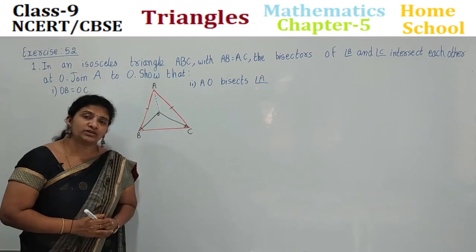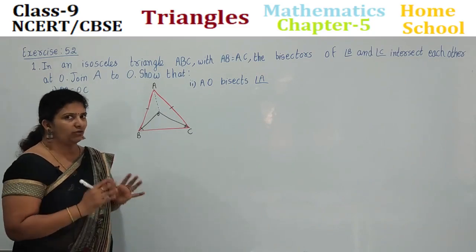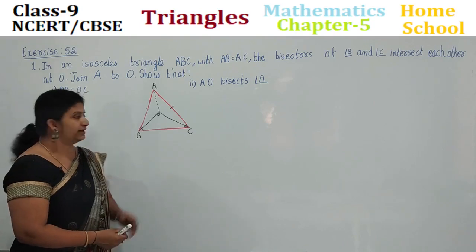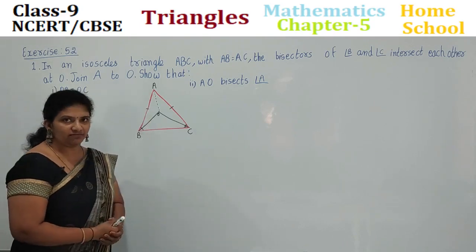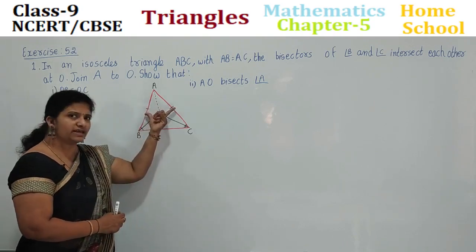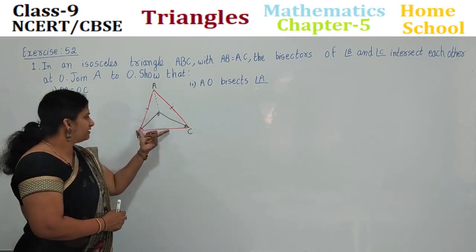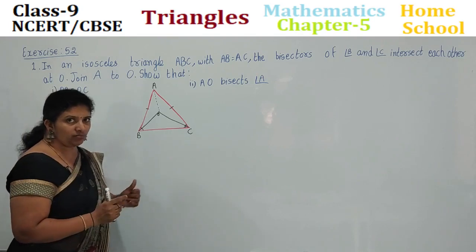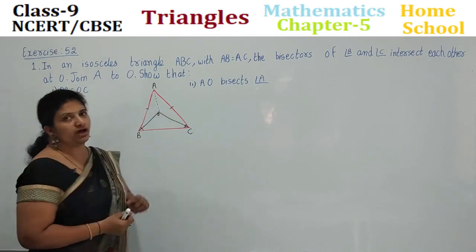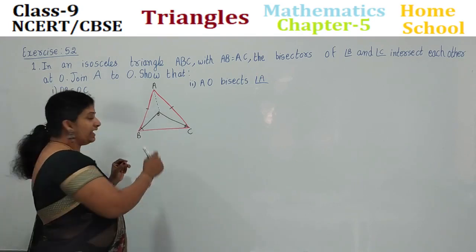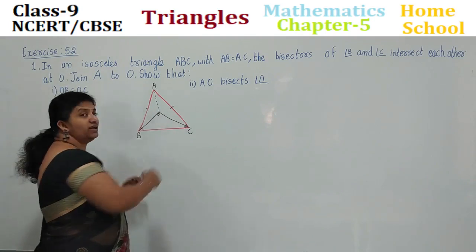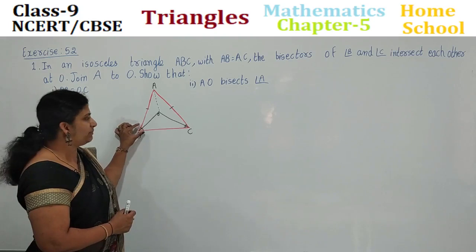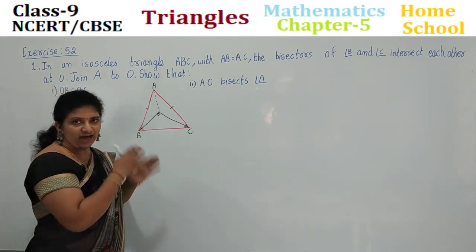How can we prove this one? First, let us discuss how can we prove. Given ABC is an isosceles triangle, AB equal to AC given. If these two sides are equal, what you can say, children? These two angles are equal. According to the theorem statement, do you remember now? Angle B equal to angle C. And they have said that it is angular bisector. The angle is cut into half. Angle B, angle C is divided.